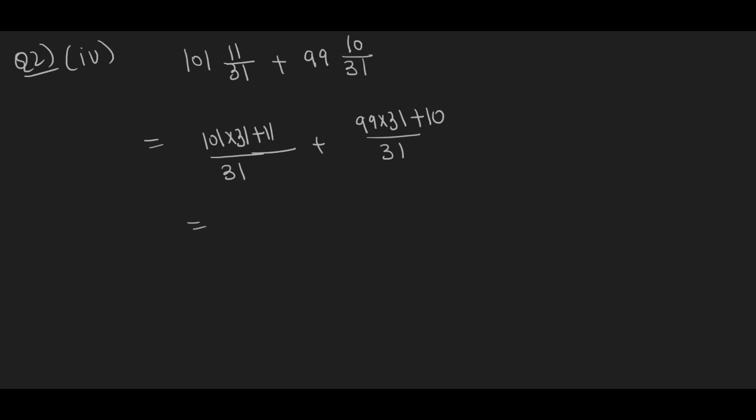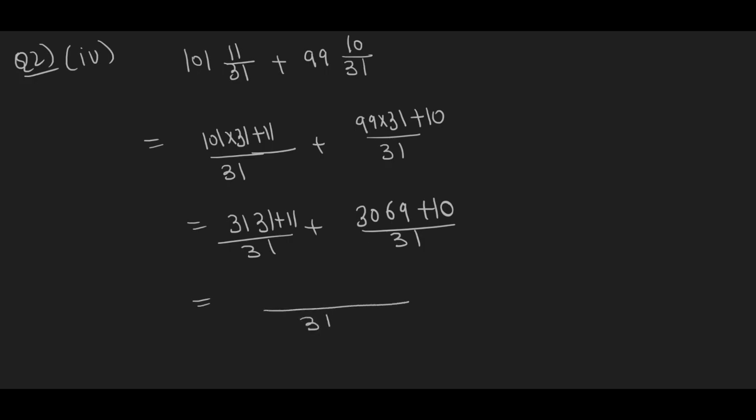So this will be 3131 upon 31, and you need to add 11. 99 into 31 will be 3069 plus 10 upon 31. So 3131 plus 11, and they have the same denominator, so you will add all of them.